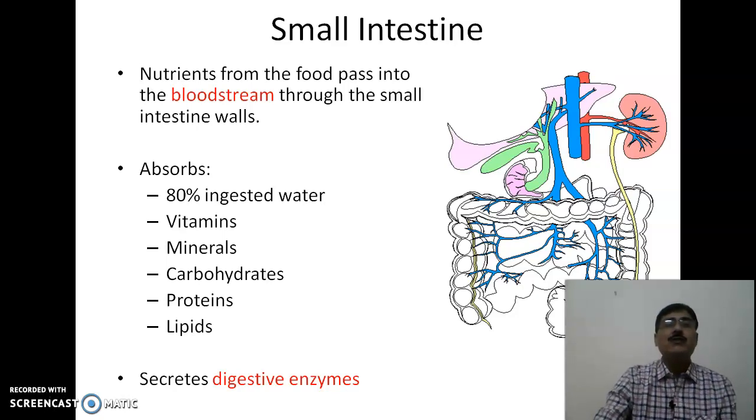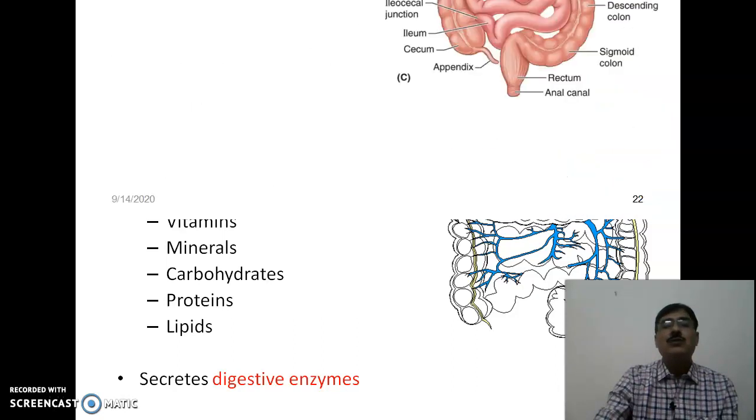So when the nutrients from the food pass into the bloodstream through the intestinal wall, it absorbs 80% of the ingested water. It absorbs vitamins, minerals, carbohydrates, proteins, and lipids, and the intestine is also responsible for secreting the digestive enzymes through intestinal juice.